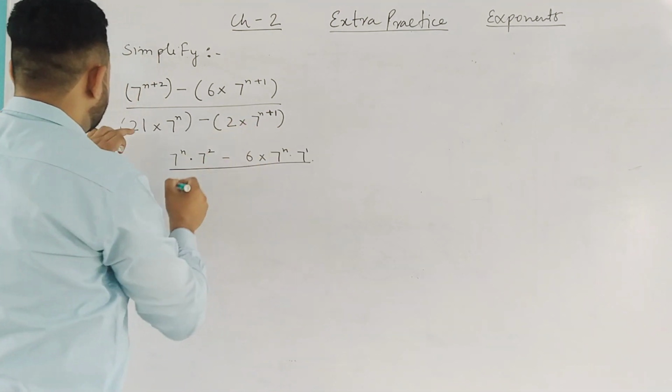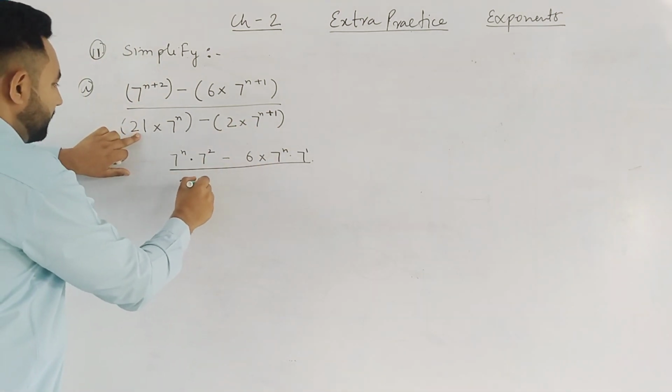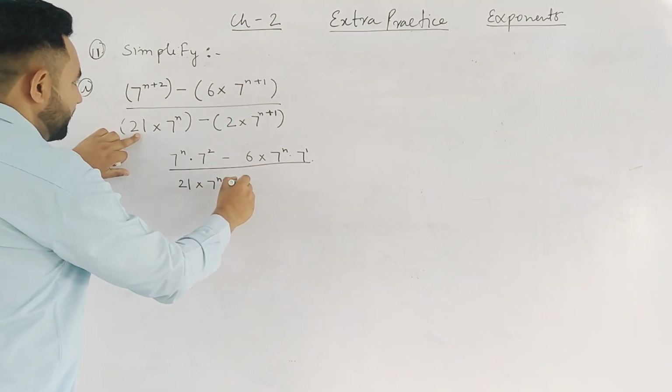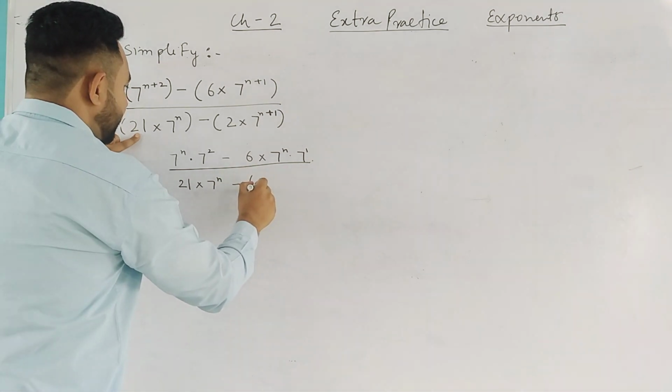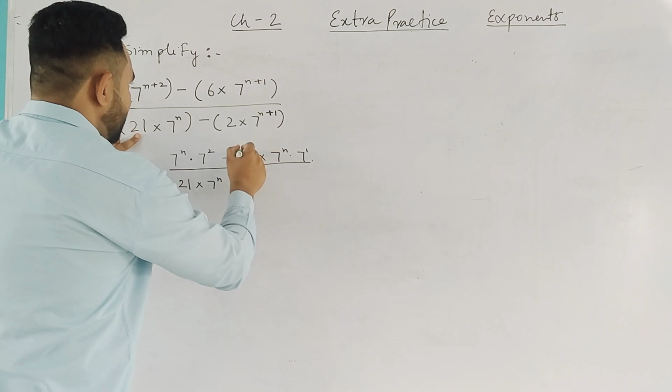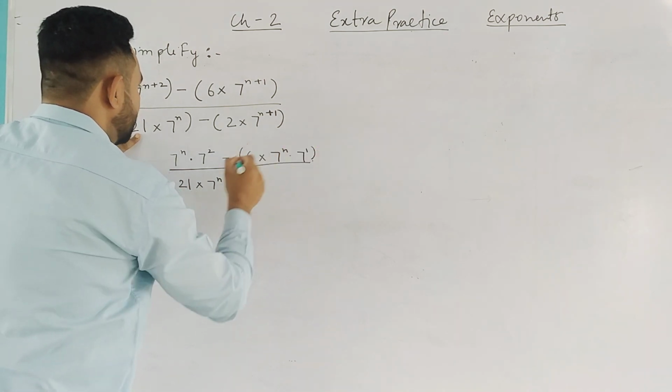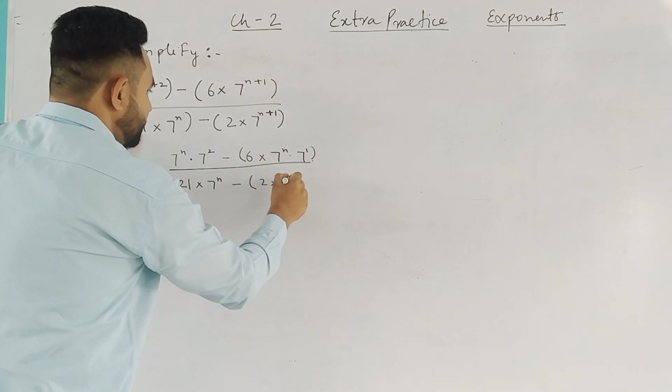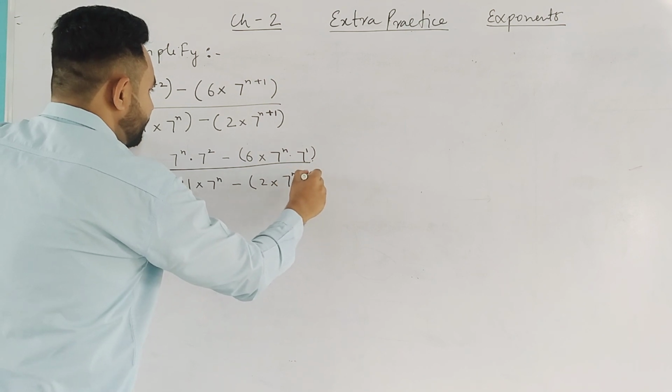Divided by 21 multiplied by 7 to the power n minus, bracket. Here also I have to put the bracket. 2 multiplied by 7 to the power n dot 7 to the power 1.